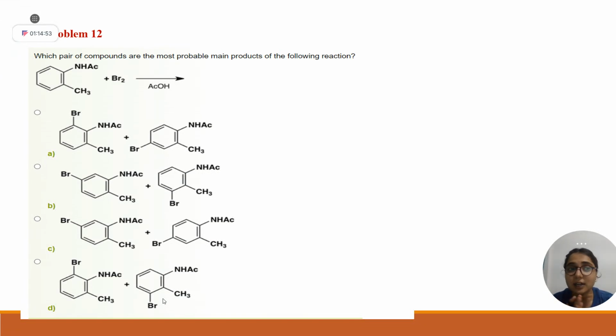Okay, problem number 12. Please, I want the answer to this question within 1 minute. Just tell me your name, then I will write the answer. It is a 5 marks question. Which pair of compounds are the most probable main products of the following reaction?